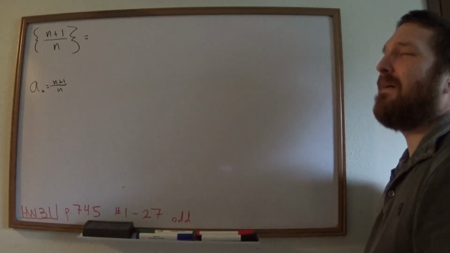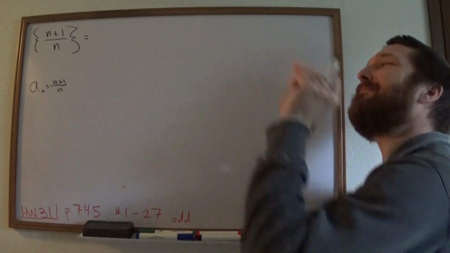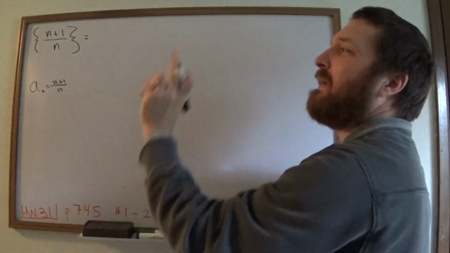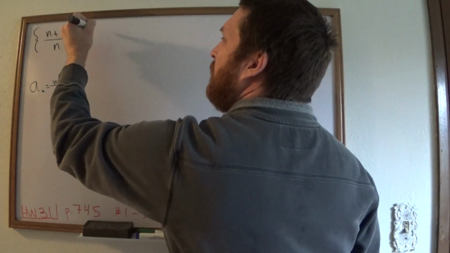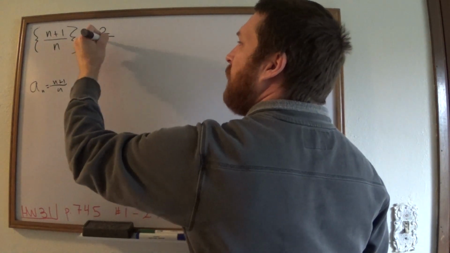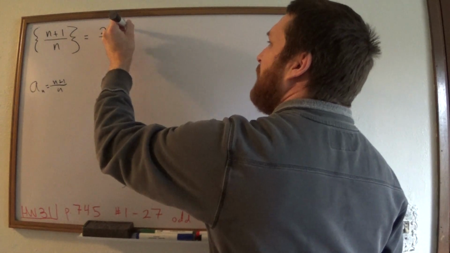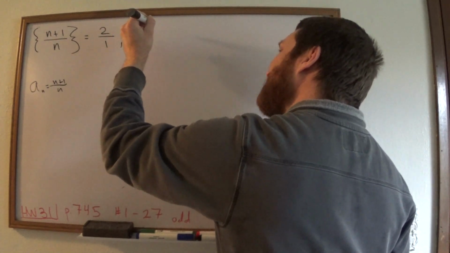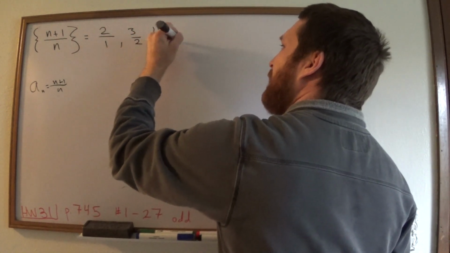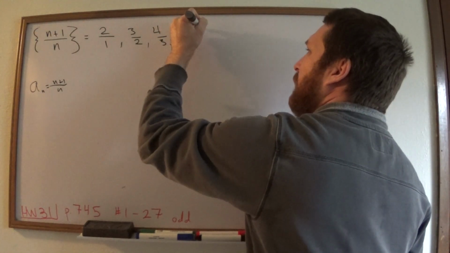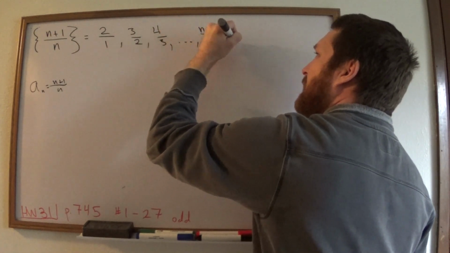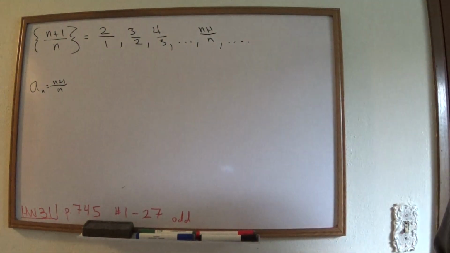Well, yeah, the first input that we throw in is a 1, which gives us 1 plus 1 is 2 over 1, which is 2. And then what's the next one? 3 halves. And the next one? 4 thirds. And what's the nth one? Well, that's n plus 1 over n, and so on and so forth forever, right?